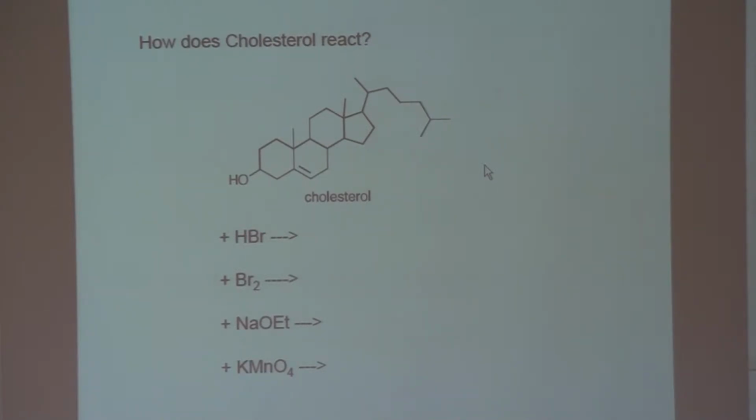It has some methyl substituents and ring structures, and this is a ketone. It's really similar to this one.